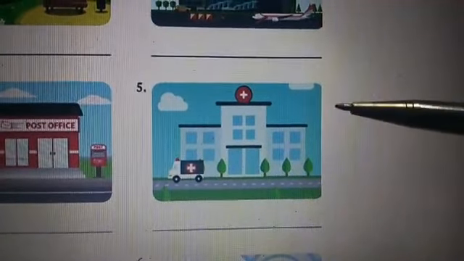As you can see a plus sign on the building, which means it is a hospital. Now moving to our last picture, the 6th picture. The place where the buses stop. It is a bus stop.